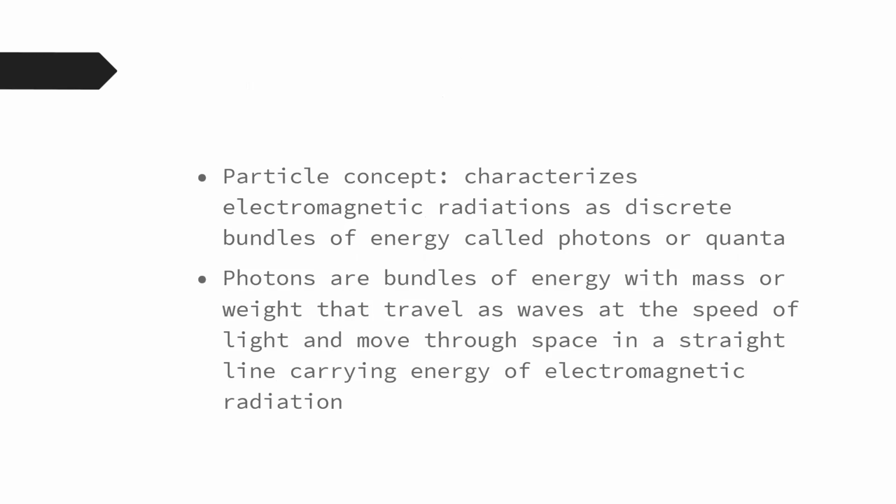The particle concept characterizes electromagnetic radiation as discrete bundles of energy called photons or quanta. The photons are bundles of energy with mass or weight that travel as waves at the speed of light and move through space in a straight line, carrying the energy of electromagnetic radiation.